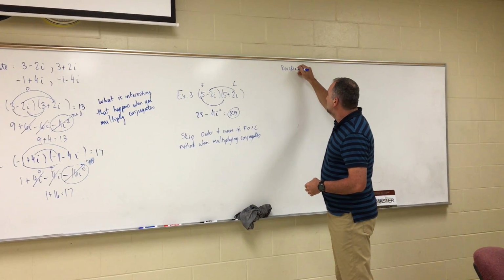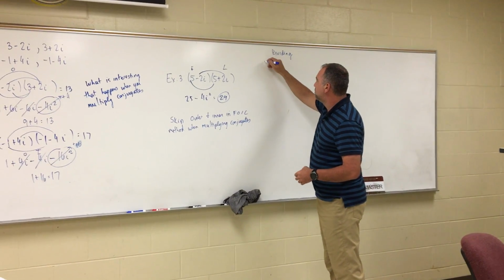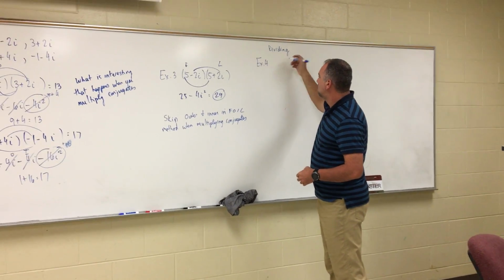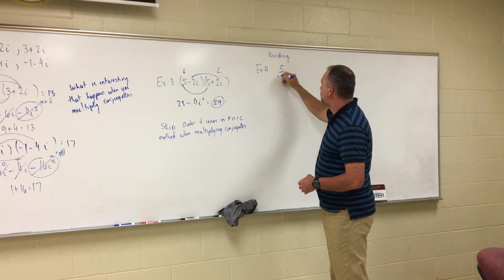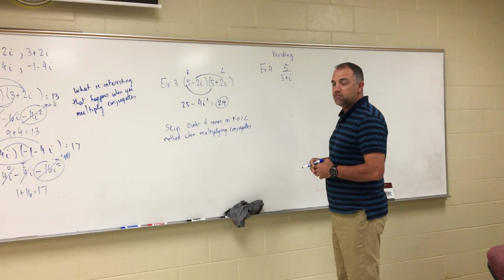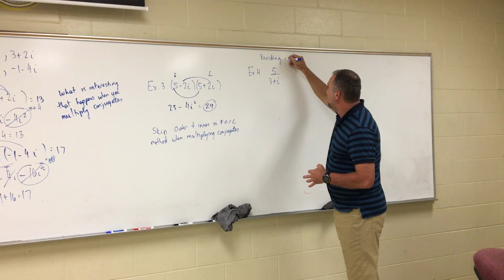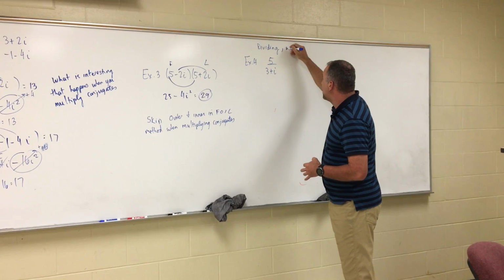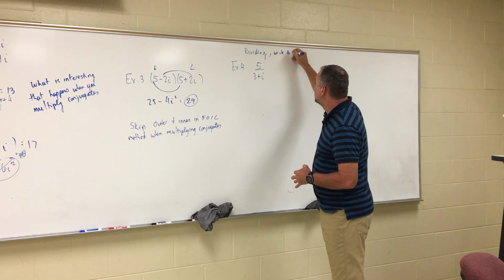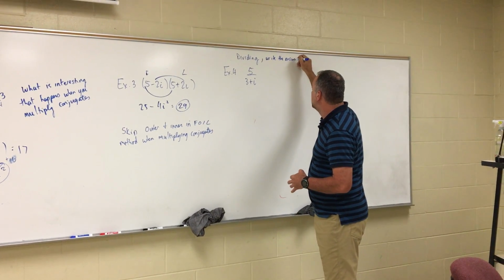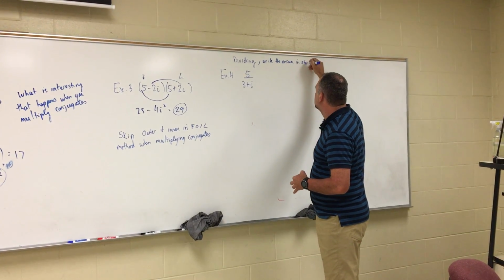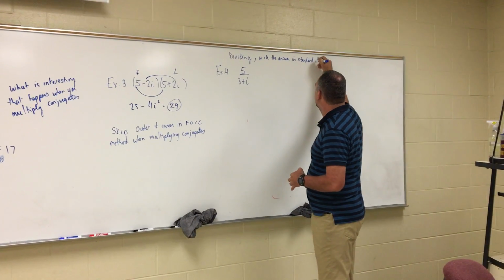So let's just say we have, we'll call this example 4, 5 over 3 plus I. We're going to divide and write the answer in standard form. What's the standard form of a complex number?